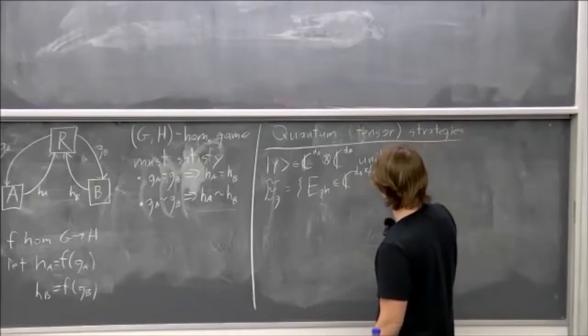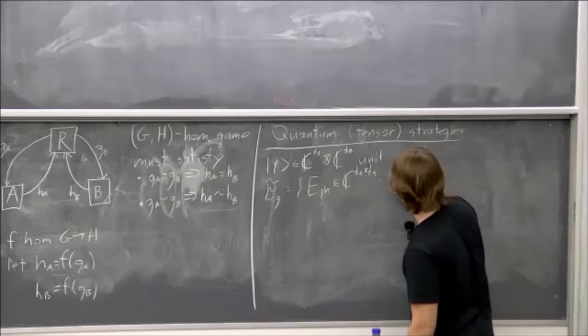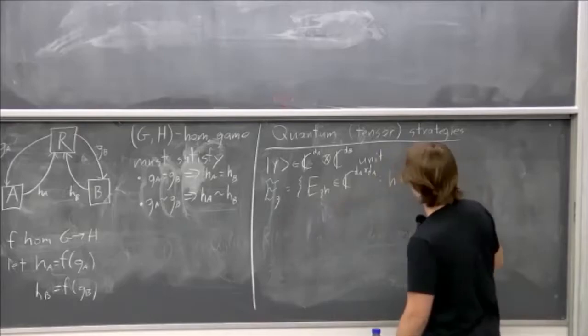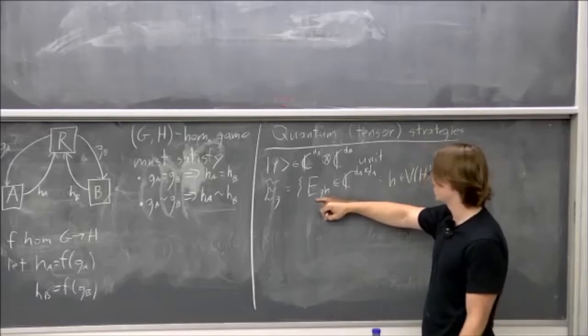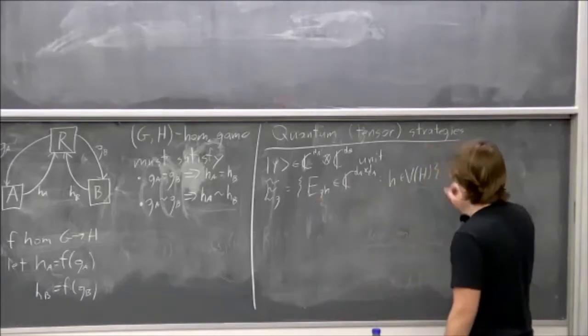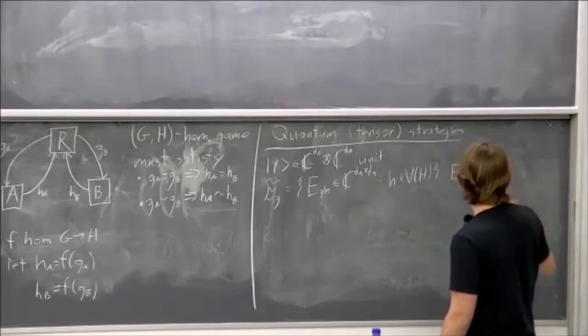So we have this E_{G,H} for every H, this is for every vertex H of H. What does it mean for this to be a quantum measurement? I need not just that this is some matrix, I actually need that these are positive semi-definite, which I write like this.